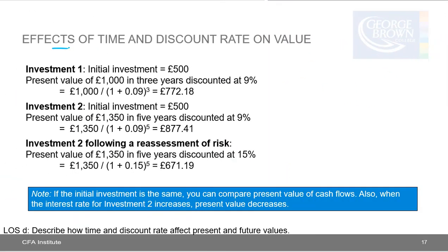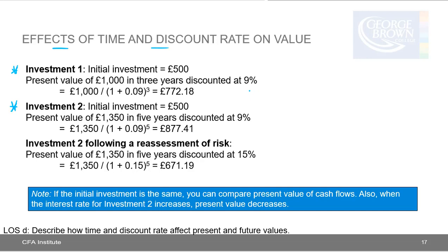So we're continuing with the effects of time and discount rate on value, and we're going to work our way through the example in the text, okay? In this example, you're assuming that you're choosing between two investments of equal risk, investment number 1 and investment number 2.